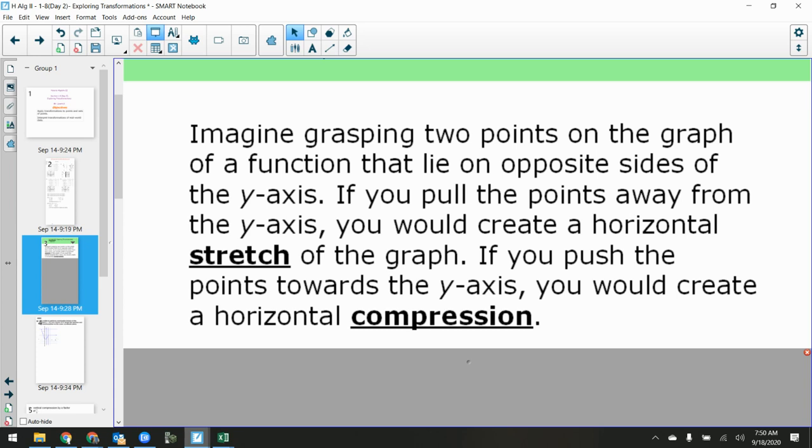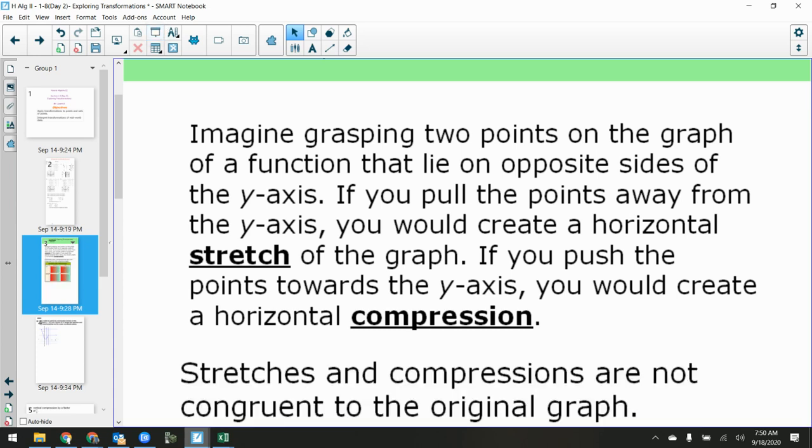I'm not stretching it all around, I'm just stretching it out this way. That is what's called a horizontal stretch of the graph. If you push the points toward the y-axis, that would be what's called a horizontal compression.